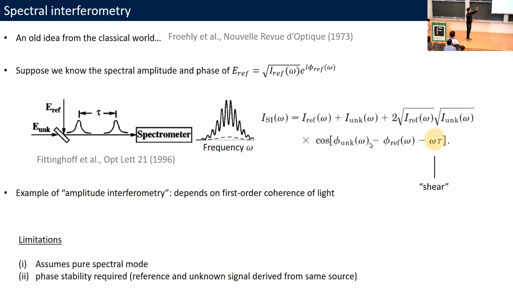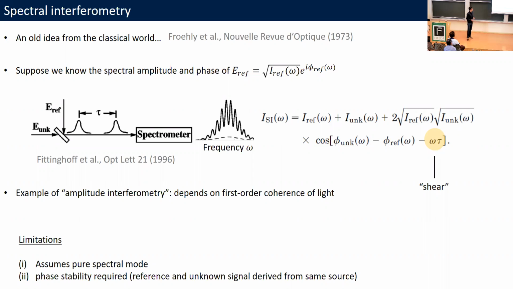So we can isolate out the unknown spectral phase if we know the reference phase. And this can be made a little easier by adding this little shear. So this is essentially just a delay between the reference and unknown pulses. You can do some Fourier filtering tricks, which makes extracting out the spectral phase quite a bit easier.